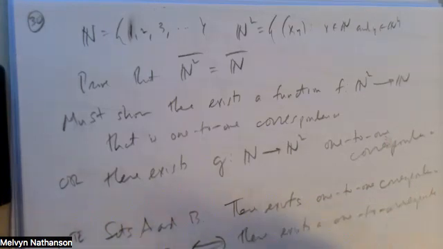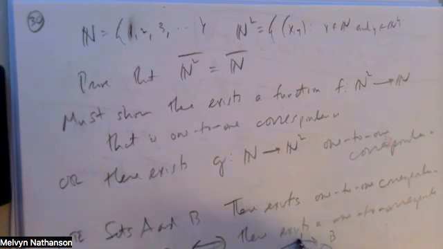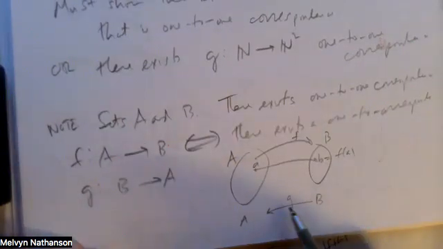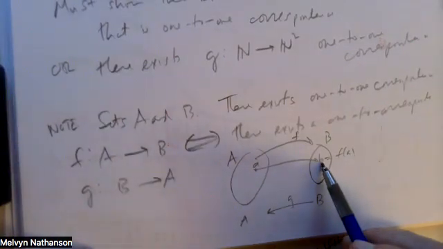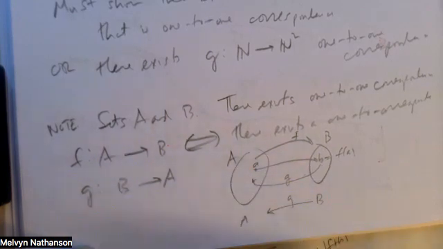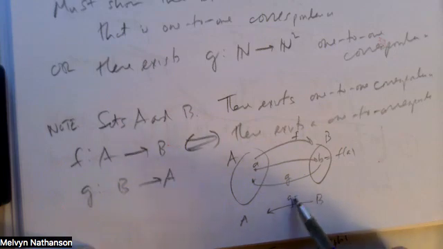So if this is the set A, and this is the set B, and you have a function f from A to B, and the element a gets sent to the element b equal f of a, you can define a function g from B back to A, which sends b back to a. You can take g to be f inverse.